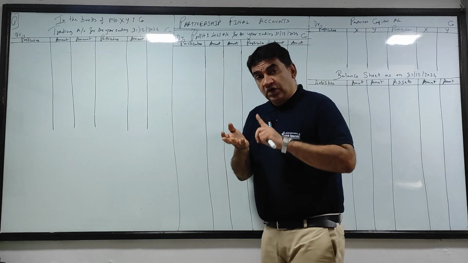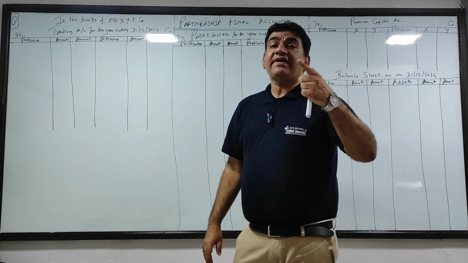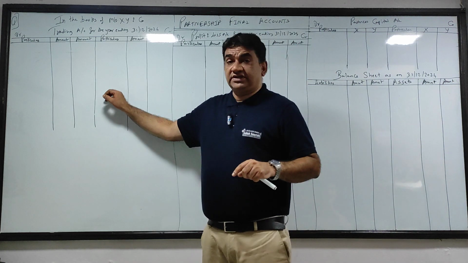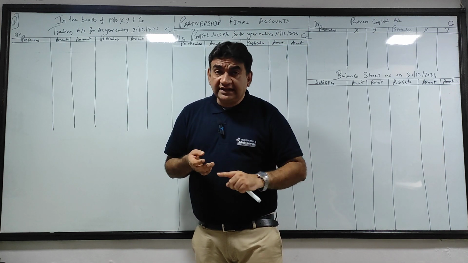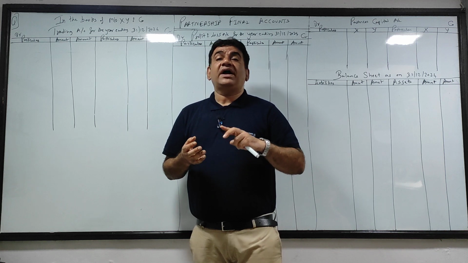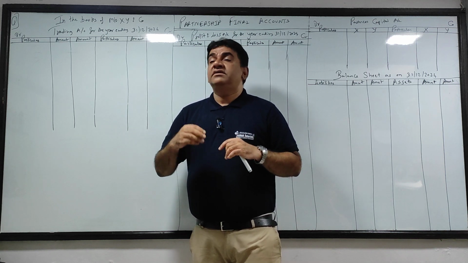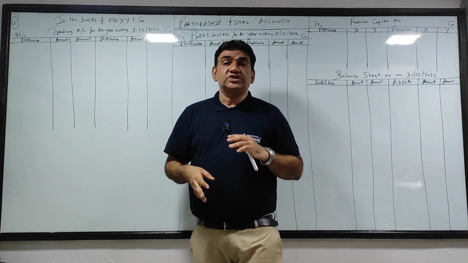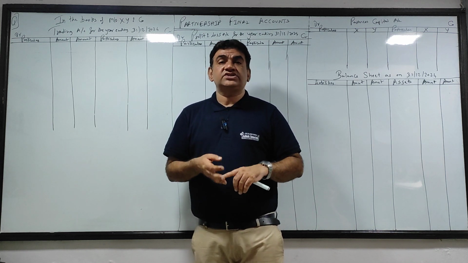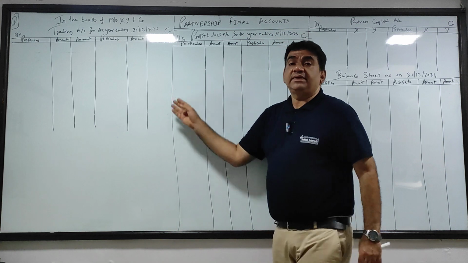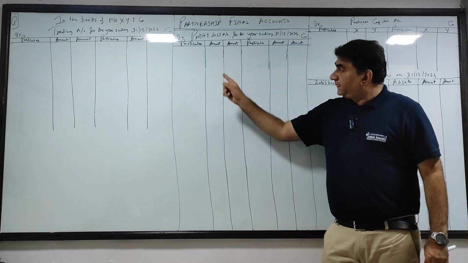For example, only salary. If they give you factory salary, which is wages, it comes in trading. Rent, printing and stationery, electricity, then you have staff welfare, sundry expenses, general expenses, bad debts, audit fees, legal charges, all of them will be debited to P&L.